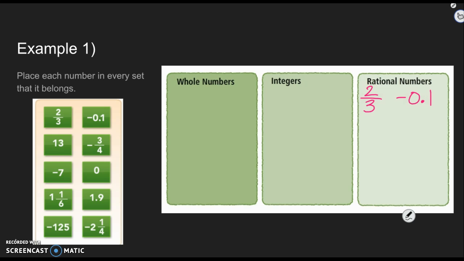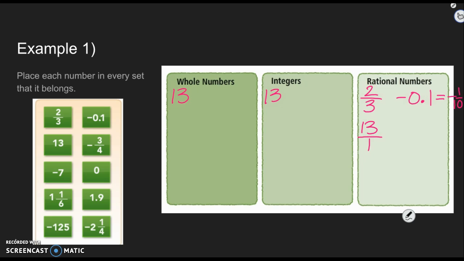Then we have 13. 13 is a whole number. 13 is also an integer and is a rational number. We can put 13 over 1 to write it as a fraction, which means it's a rational number. And again, -1/10 would be -1/10 as a fraction.